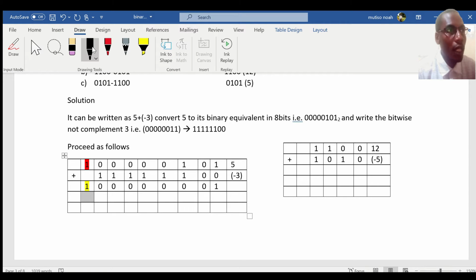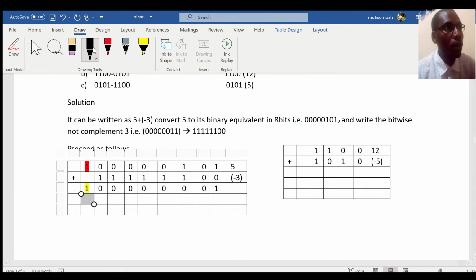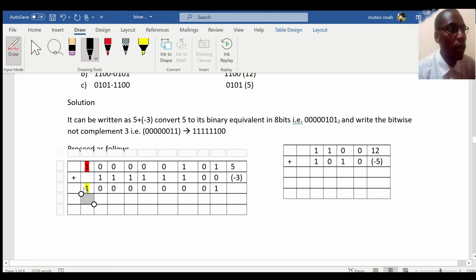You are supposed to add it back to the result like this. Let me show you how to do it. So this one should be added here.